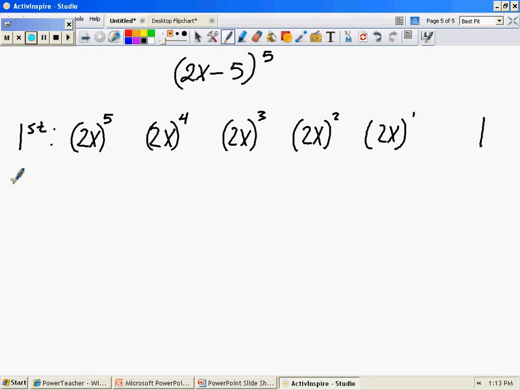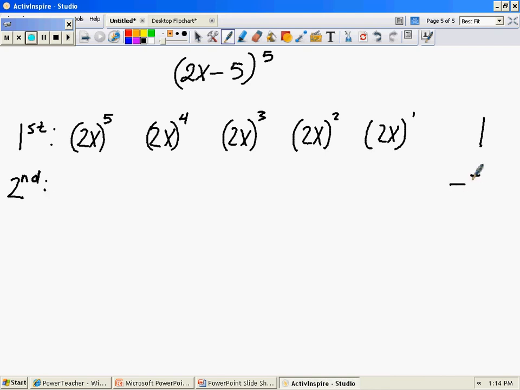Now remember, our pattern with the exponents with the second term was similar, but it did something different. What did it do? It started on the other side, right? In other words, it went backwards. So what is my second term? Be careful with that one. It's negative 5.